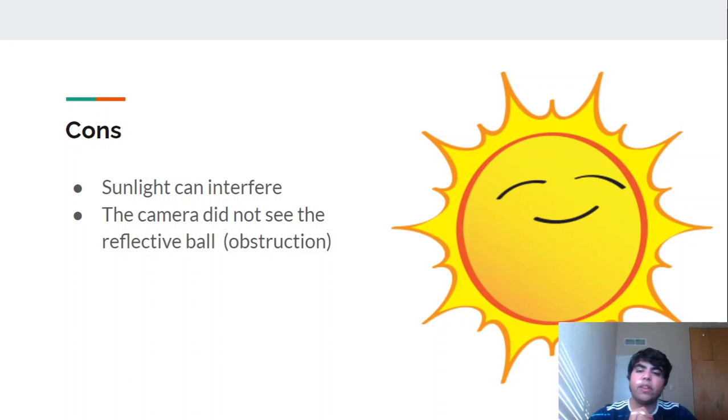And the camera is still, you cannot move it. Some reflective balls can be obstructed by the body itself. So if you have a marker here and the camera is right over here, you will not see that marker. So it's important to use multiple cameras to get a full image around the whole body.